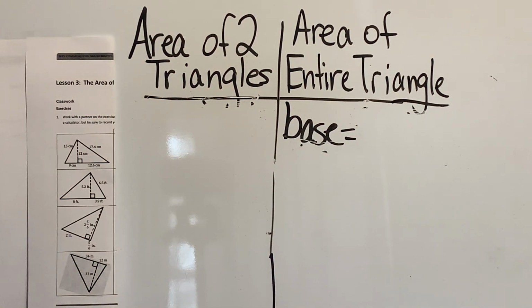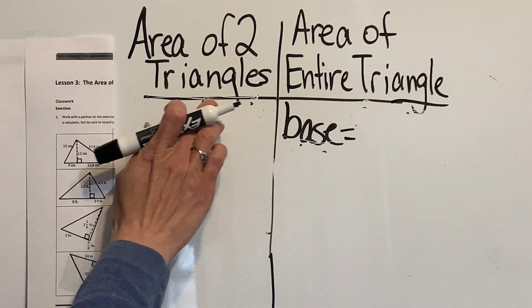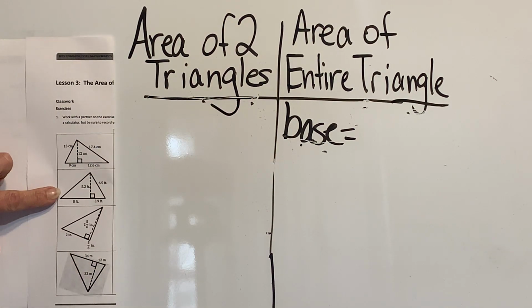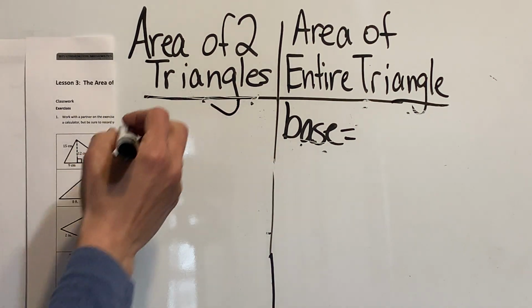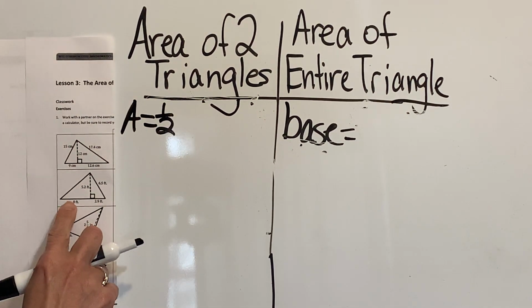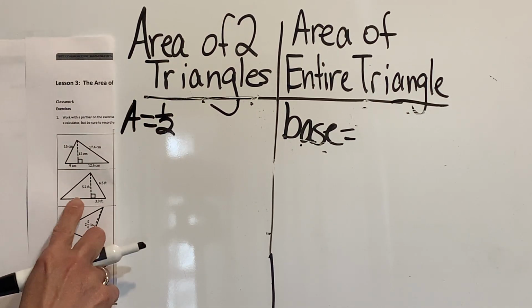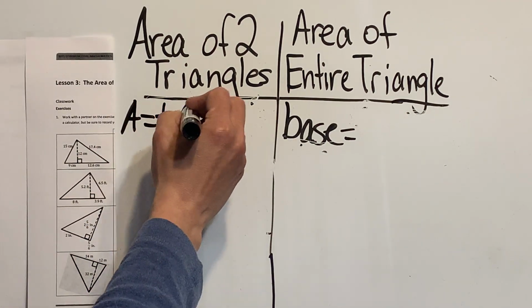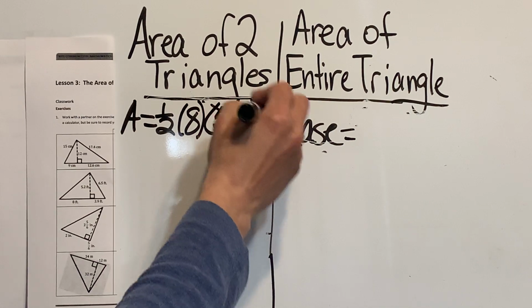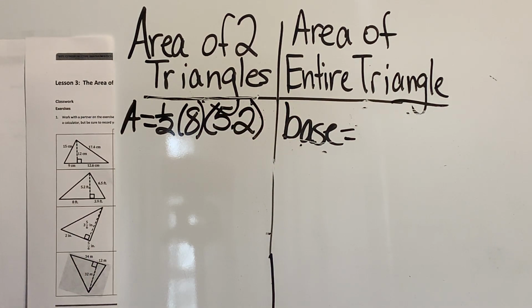All right, so now we have a triangle. We've got the area equals half base, and for the base we're going to start with this portion. The base is 8, and 5.2 is the height.